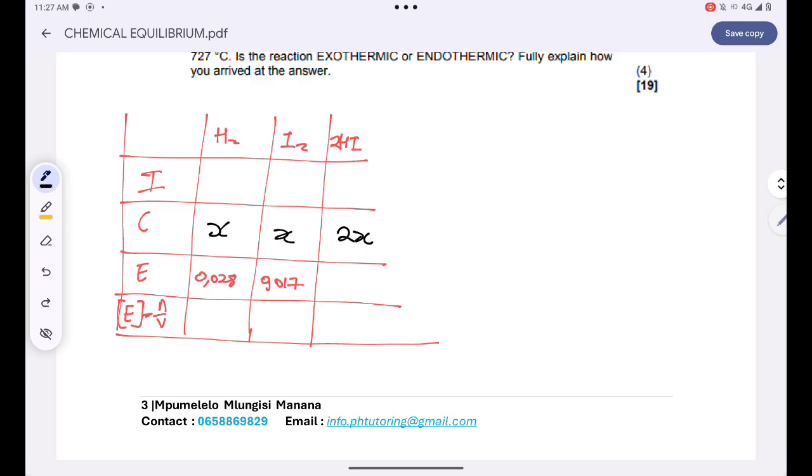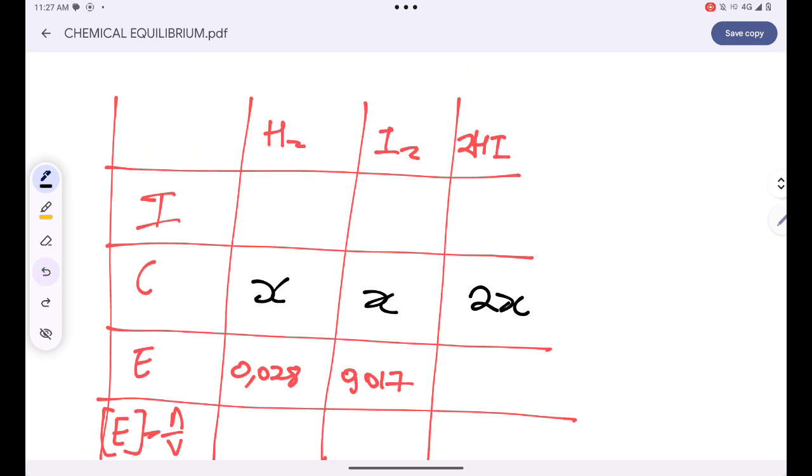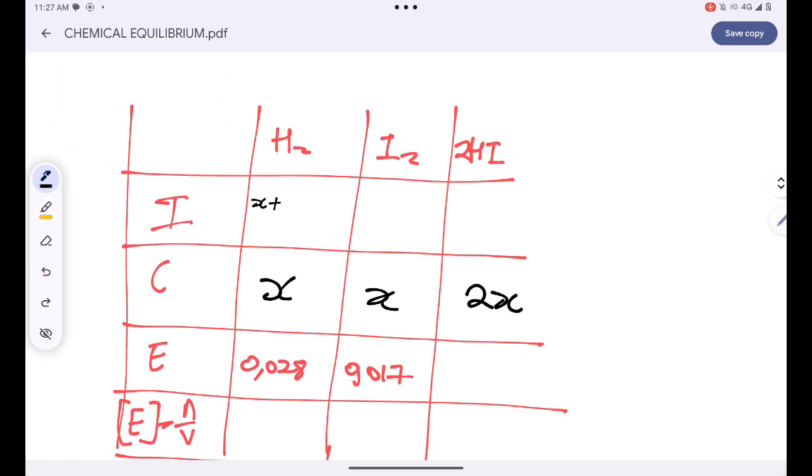Okay, now let's find our initial moles. Initial moles will simply be the number of moles that were used plus the moles at equilibrium. The same thing applies with iodine: the number of moles that were used plus the number of moles at equilibrium.